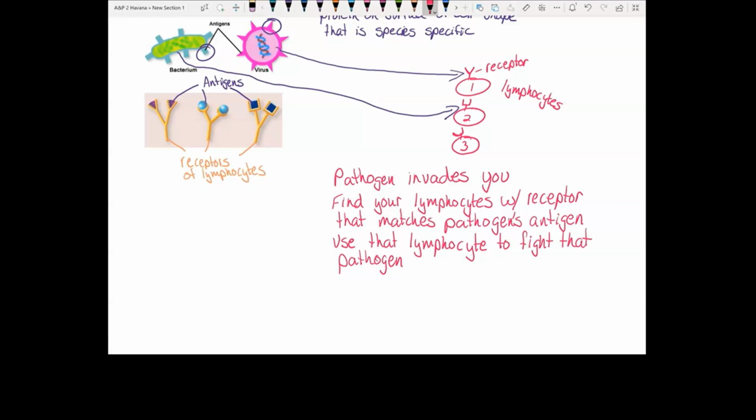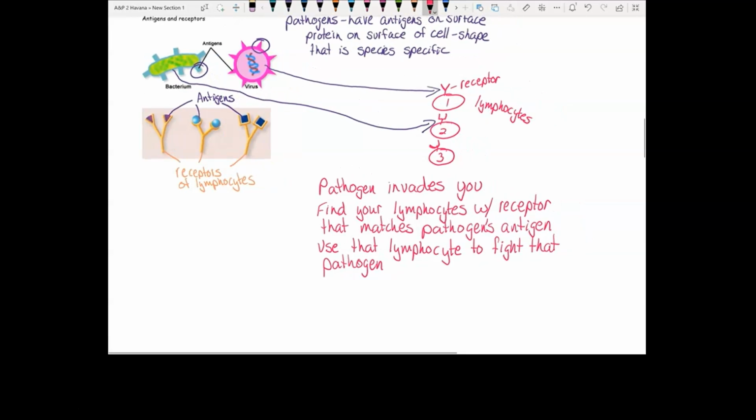And the reason it has a delay is you first have to find the one that matches. And then once you find it, you take some time to clone it because one lymphocyte can't by itself fight a whole infection. It has to build up an army of lymphocytes that all have that same receptor to then go fight the infection.